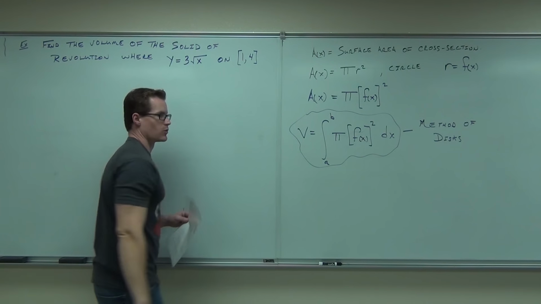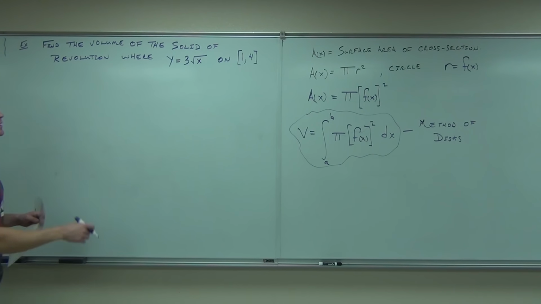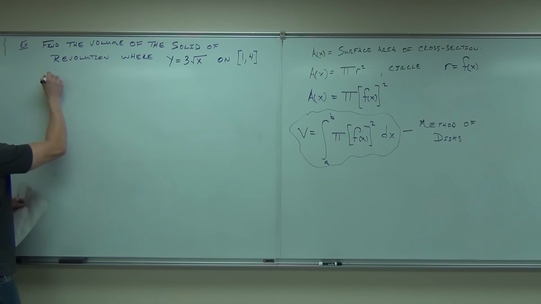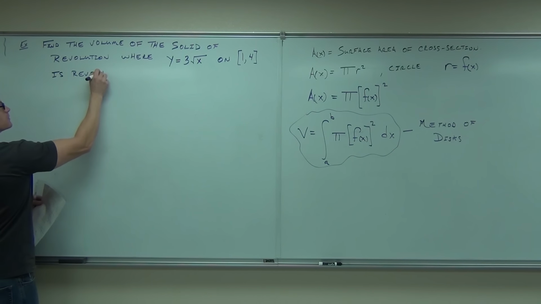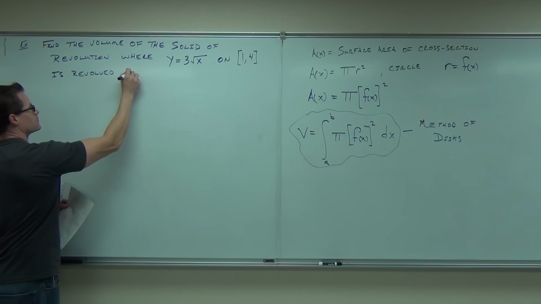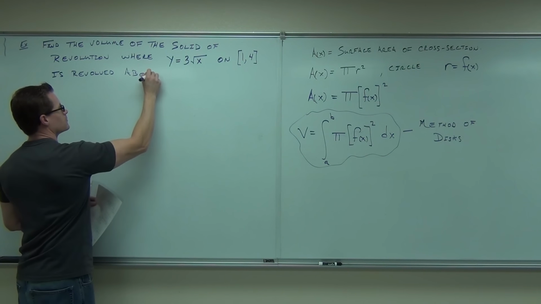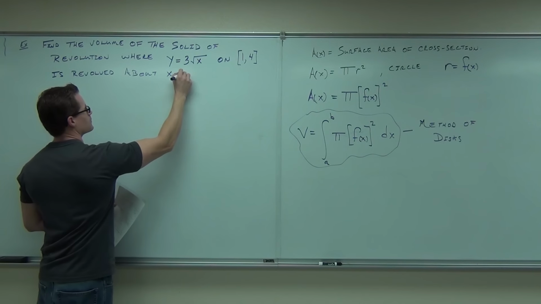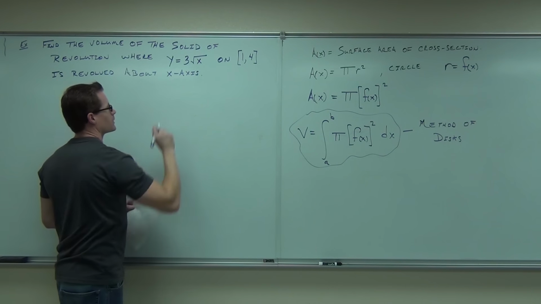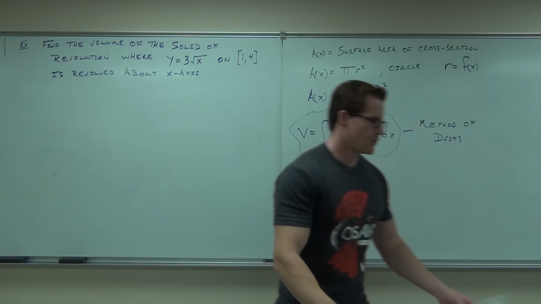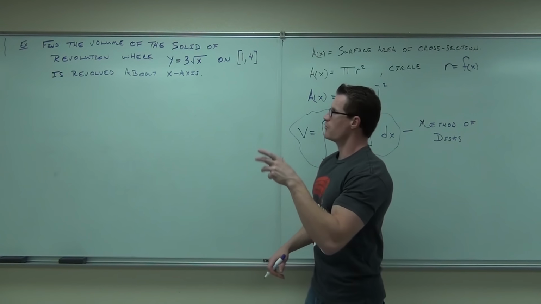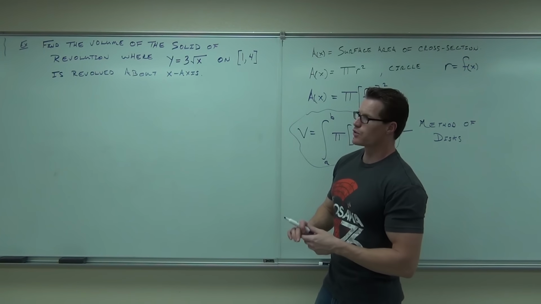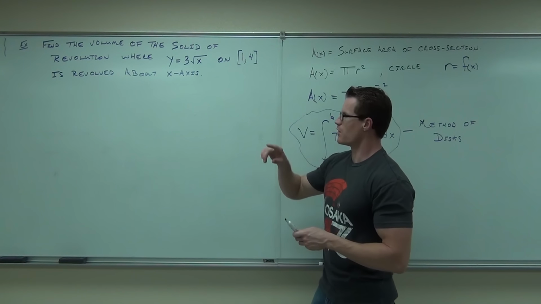I'm going to give you some interval. Is revolved around the x-axis. So we're going to find the volume of the solid of revolution. That means we're going to be revolving something. Of y equals 3 root x on the interval 1 to 4, and that's being revolved about the x-axis.